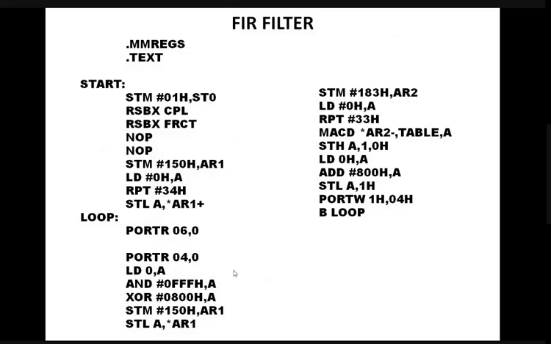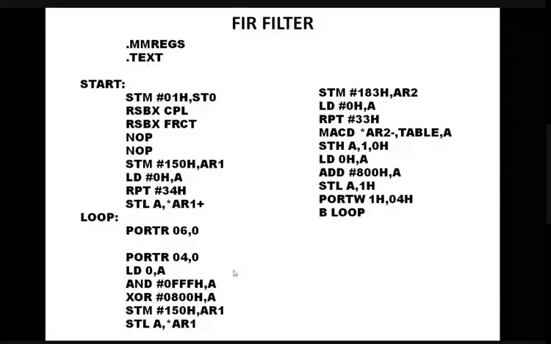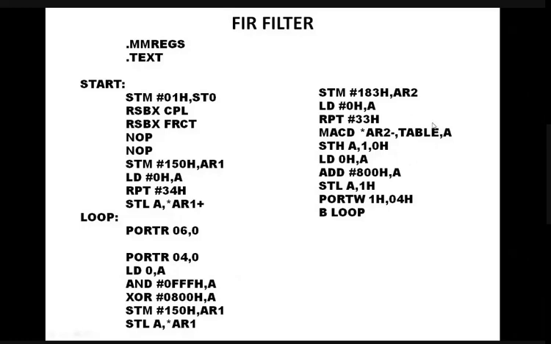Why? Because whether it is low pass, high pass, band pass or band stop filter is decided by the filter coefficients. Where are the filter coefficients? Filter coefficients are in the table. If we change the table, then automatically the same code will perform a different filter.